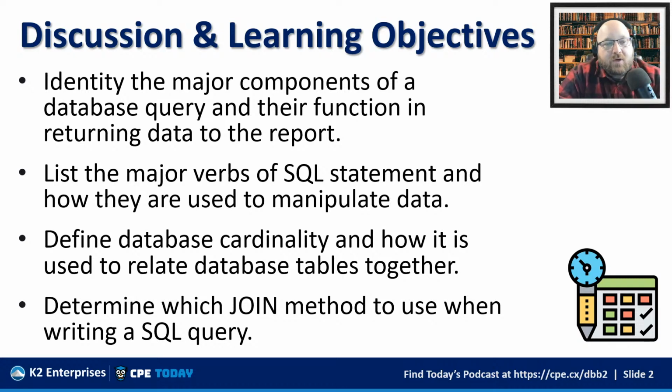So we are going to look at the major components of the select statement and how they work together, understanding what the verbs do and what they are intended to provide in the context of your select statement. We're also going to look at something called database cardinality, which is something I teased at the beginning of the first episode last time, talking about essentially how these different tables and databases join together.